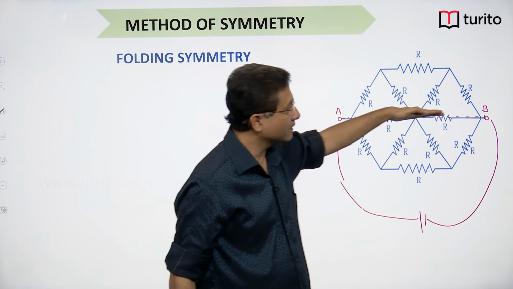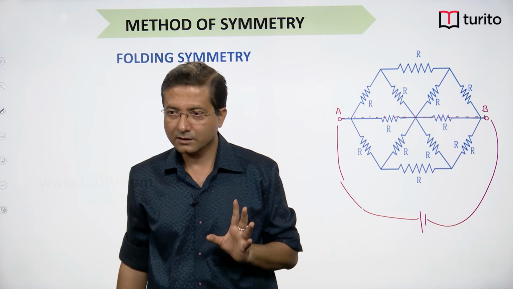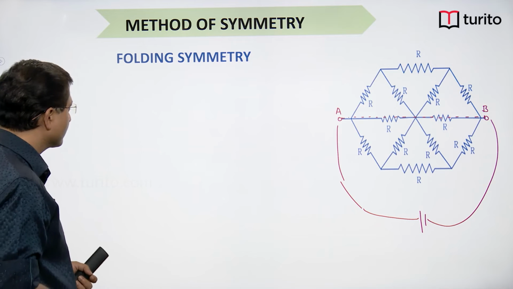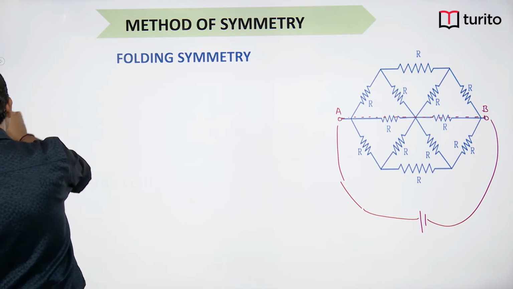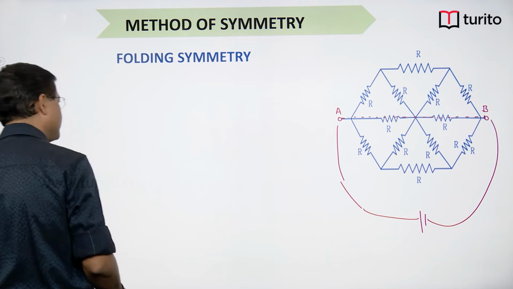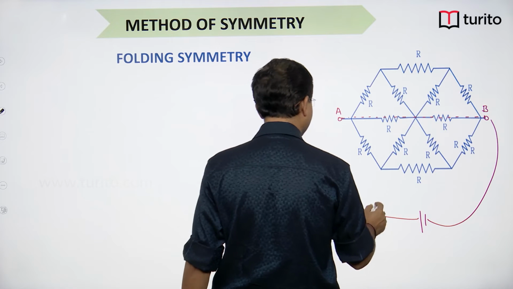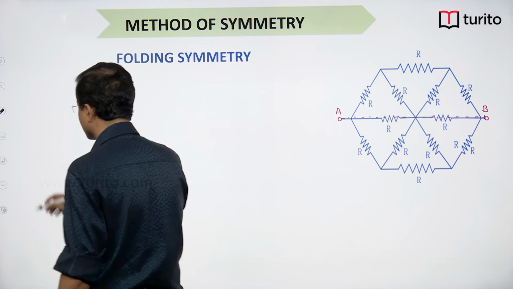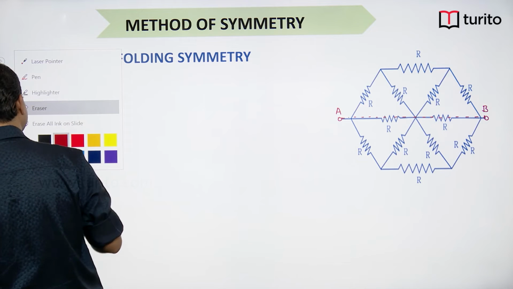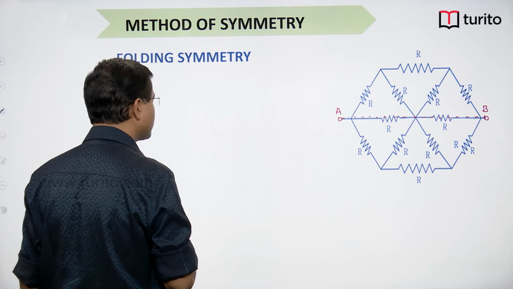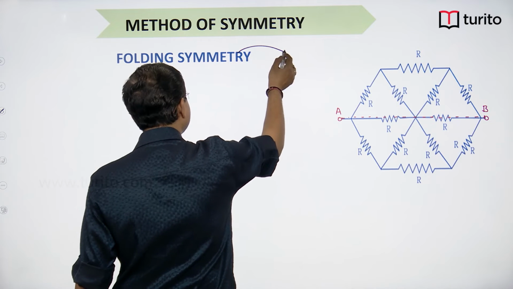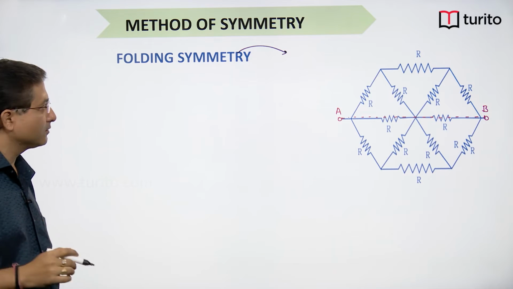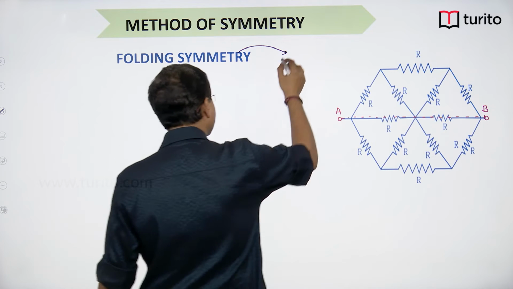Now the circuit is symmetric about this line. This is the way you have to check symmetry. Now how to apply the concept? In folding symmetry, our focus will be on voltage division.